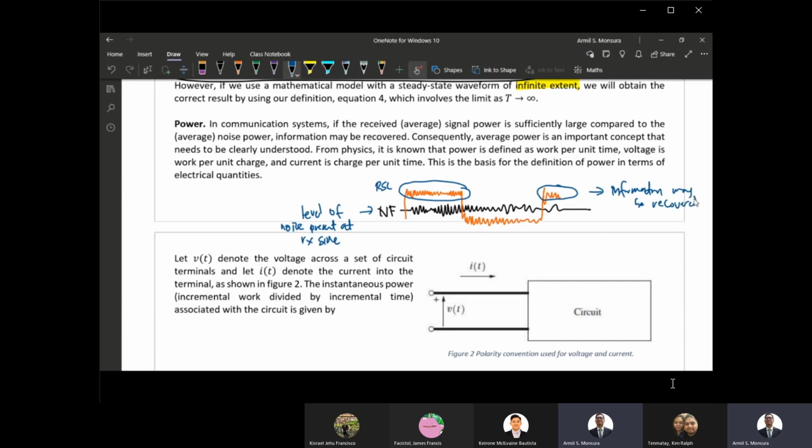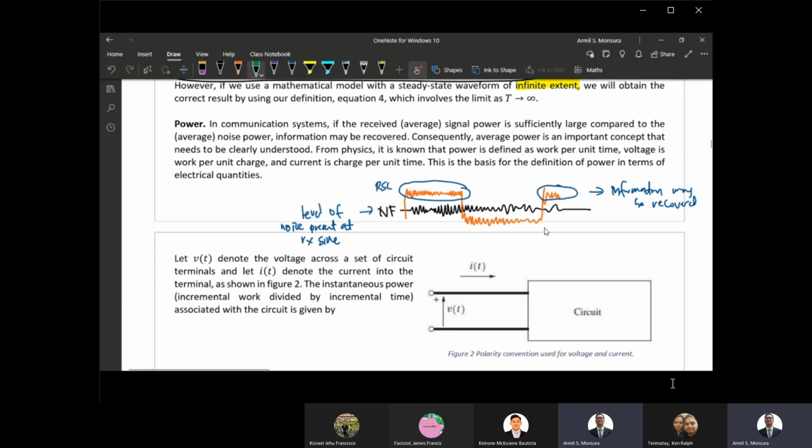That's our general rule of thumb. When the information we receive at the receiver side is above the noise floor, we will be able to recover the information from the signal.